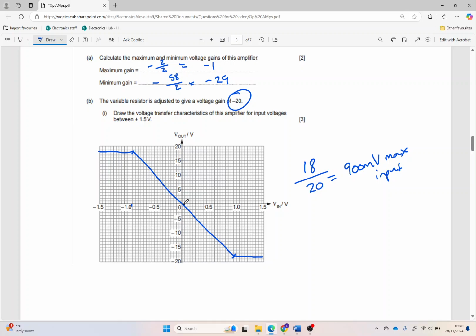If I want to, I can check that: if I put half a volt in, I'm going to get 10 volts out. I can put an additional point in if I want to. But I've already got 2 points that will allow me to draw my gain line anyway, and it's allowed me to draw the saturation which occurs at maximum input.